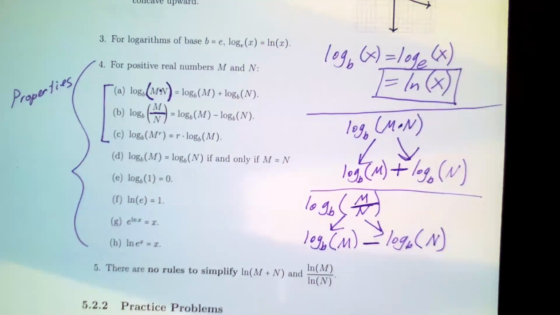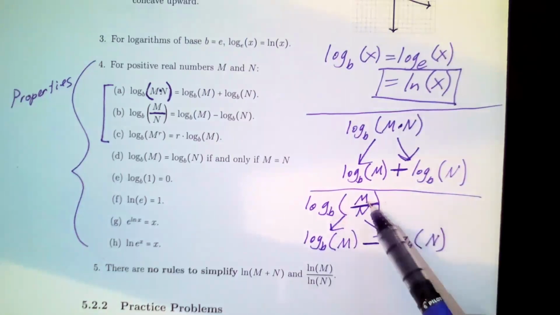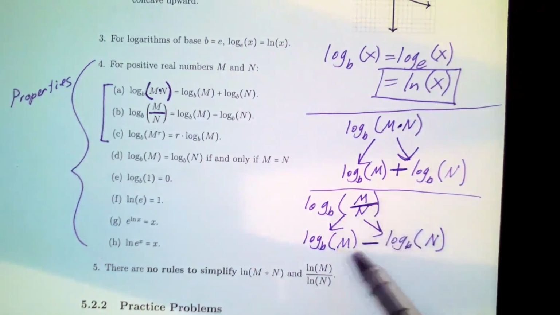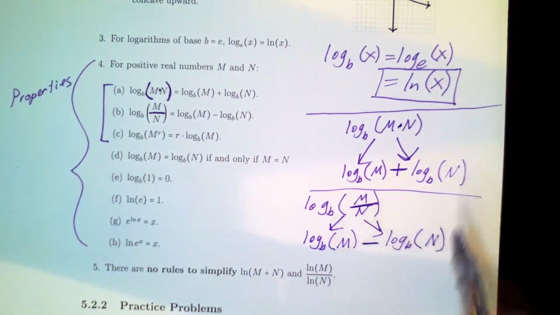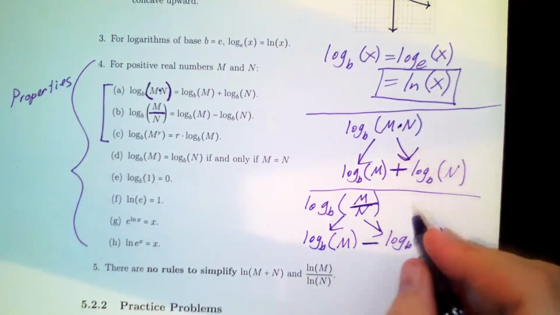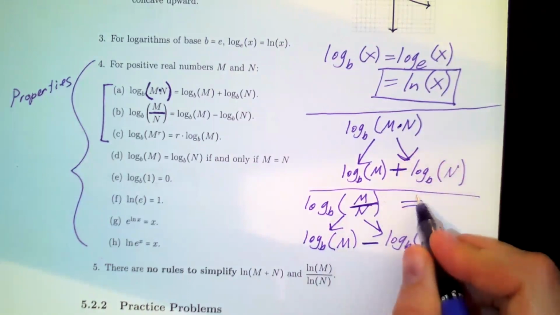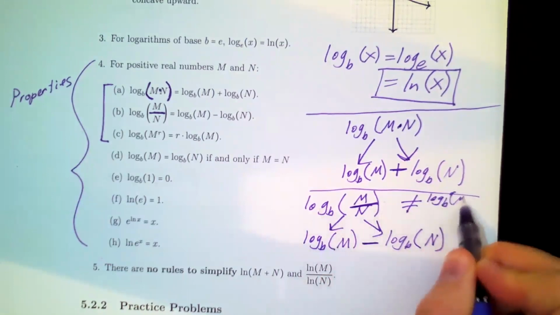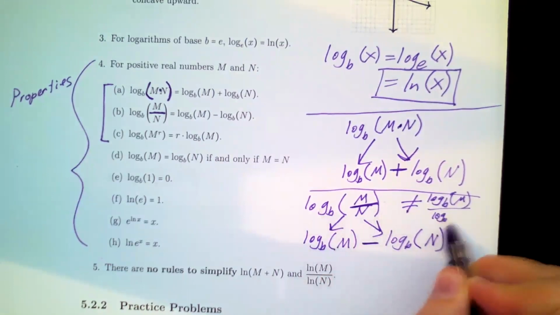Again, this is a property, a type of trick, that's unique to logarithms that you can't do any other time. So divisions inside one log turn into a subtraction of two different logs. It is not correct, so don't even write what I'm writing here. It is not correct to say this becomes log of m divided by log of n.